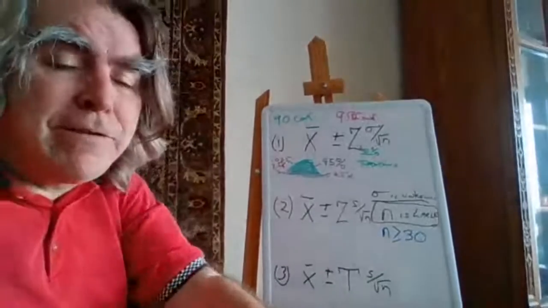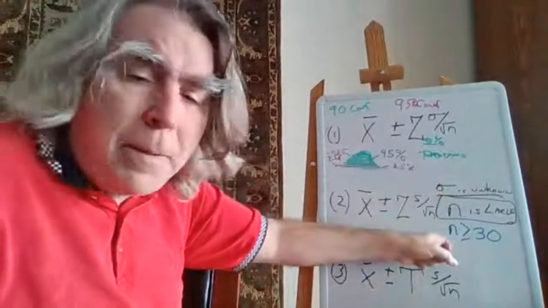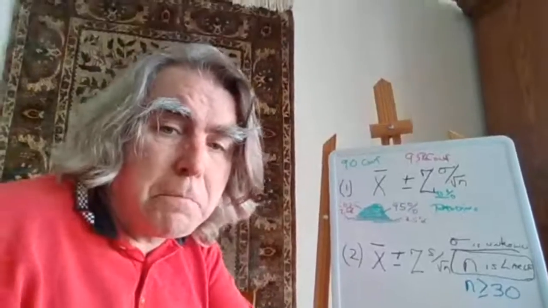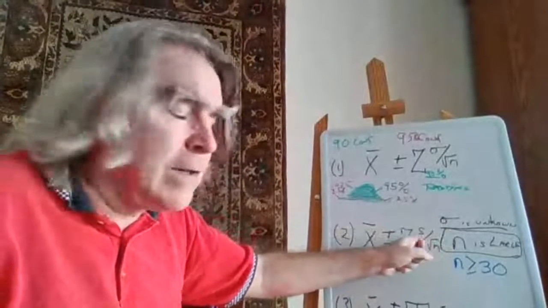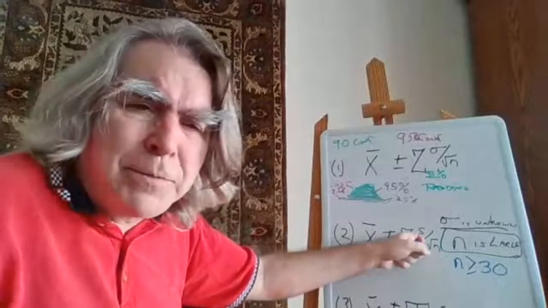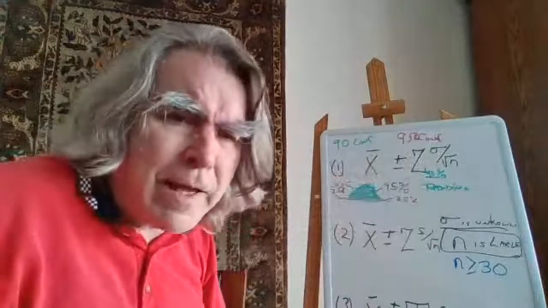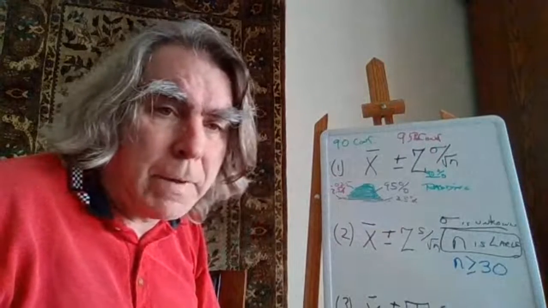So if we are in a situation where sigma is unknown, but our sample size is relatively large, we're going to use this formula, just substitute S where there used to be a sigma and pretend like nothing happened.